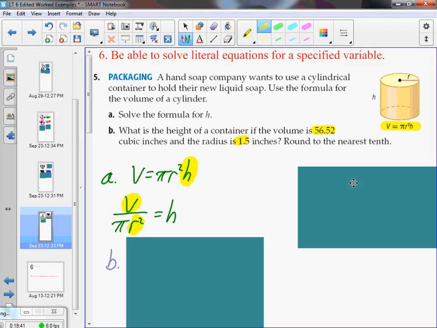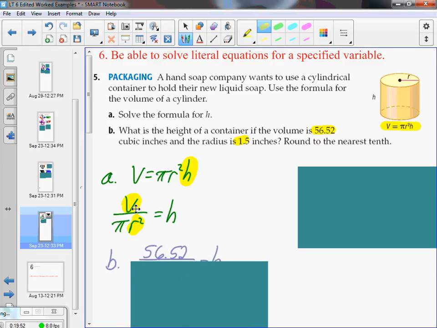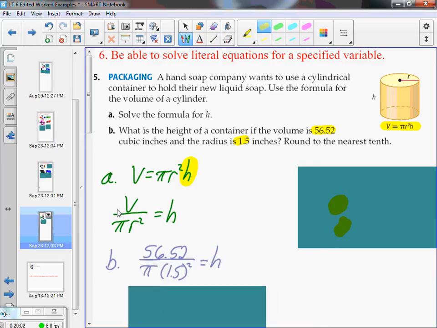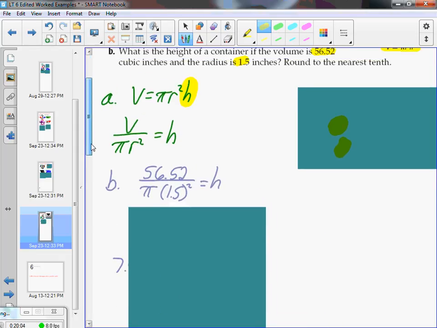I've already got it solved for h. So what is the height of a container? If the volume is 56.52 cubic inches, so replace V with 56.52, and the radius is 1.5, so replace r with 1.5 squared.